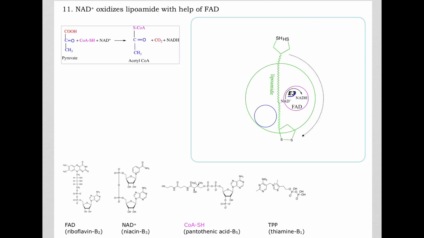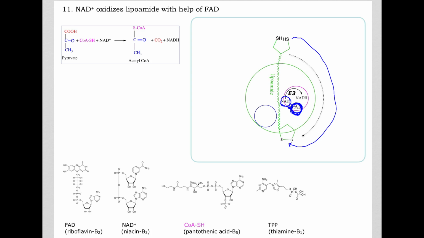The enzyme E3 will now oxidize these thiol groups, these sulfhydryl groups, into the disulfide, bringing the lipoamide arm back into its original structure. This oxidation of the sulfhydryls into the disulfide requires FAD, which is actually covalently attached to the E3 part of the enzyme, and it also requires NAD.